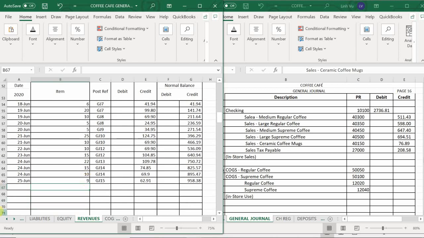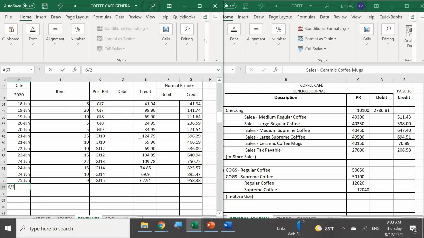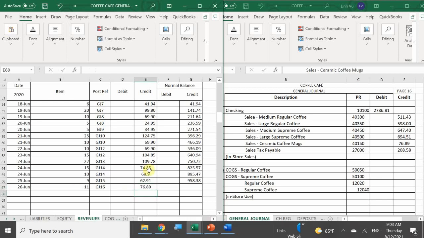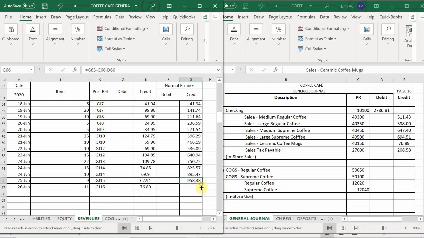Ceramic mugs first. $626, 11 mugs, $76.89, which gave me a balance of $1,035.27. $1,035.27. Good.